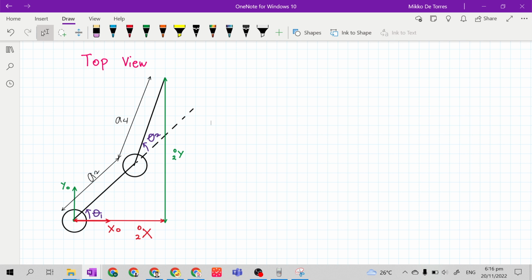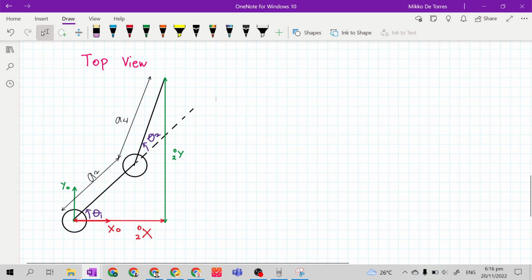So we have here a side of y02 and a side of x02 that are given. We need to find a way that will give us the answer for theta 1 and theta 2.